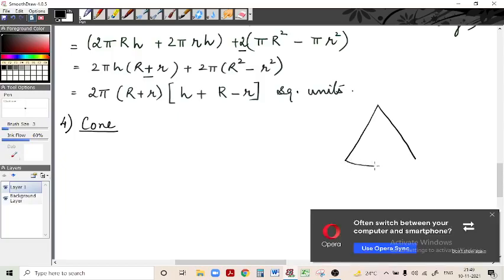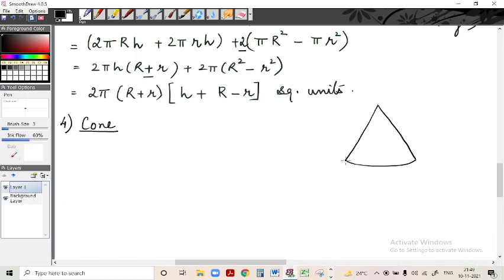Now let us continue with cone. As you can see, cone is a figure. The base is circular in shape.